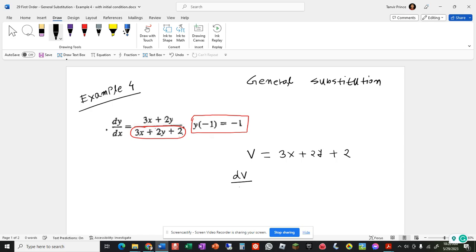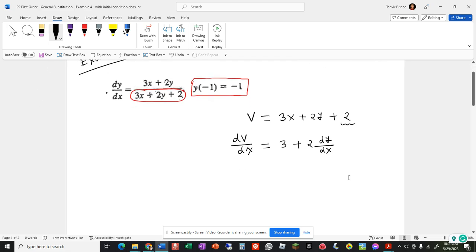So I take the derivative of both sides with respect to x. And of course, the derivative of 2 is 0. So I have to solve for dy dx. So let's subtract 3 from both sides.